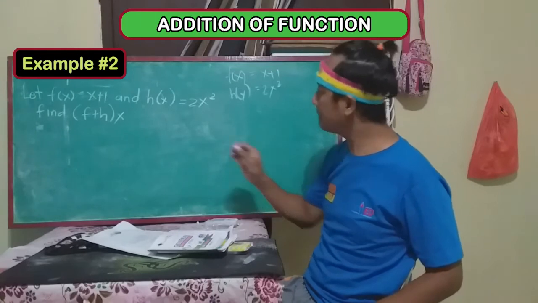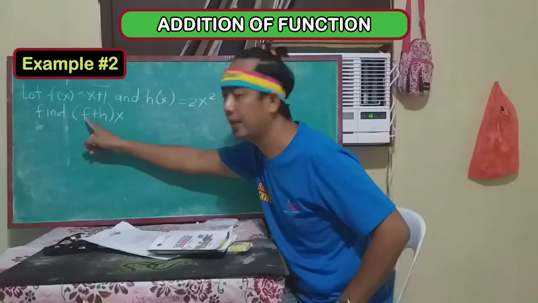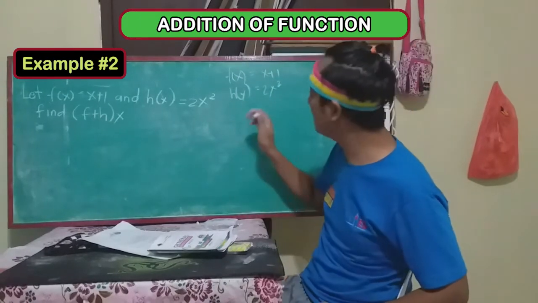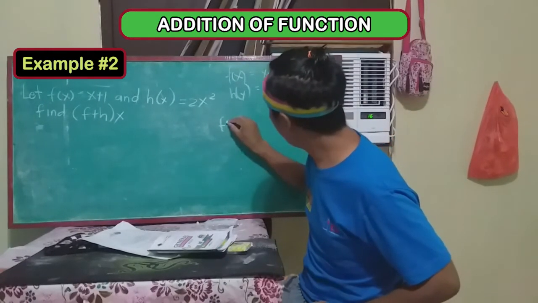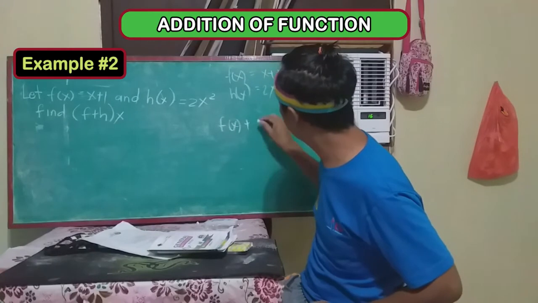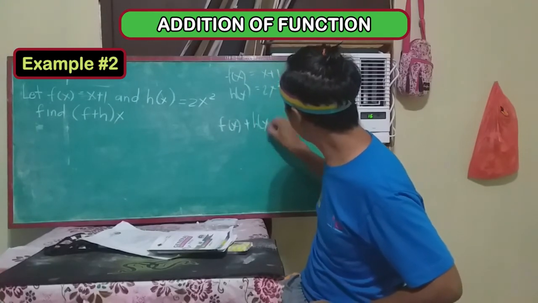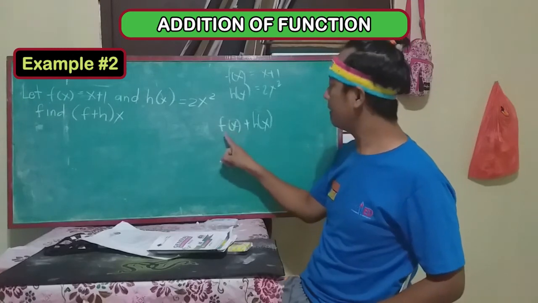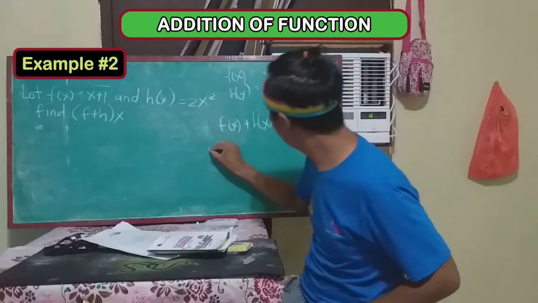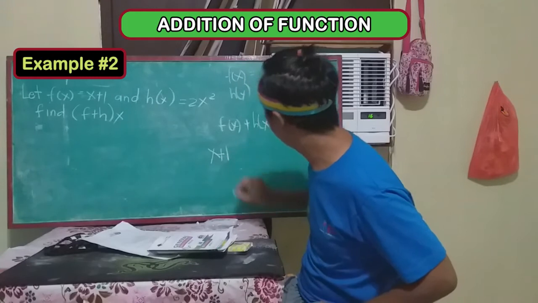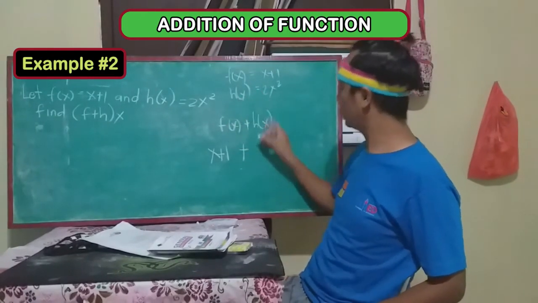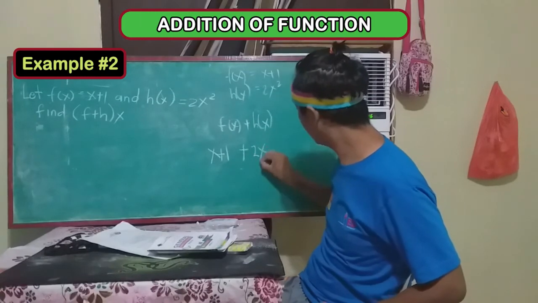So, ang ibig sabihin yan, pagpapasin mo yung function ng f at function ng h. Paano mo gagawin yon? So, ibig sabihin lang yan, f of x plus h of x. Ganyan lang yan. So, ano nga ang value ng function of x? Yun yung x plus 1 plus function of h equals to 2x squared.